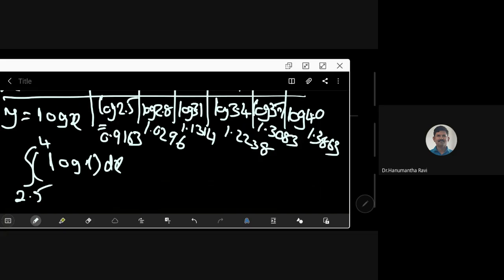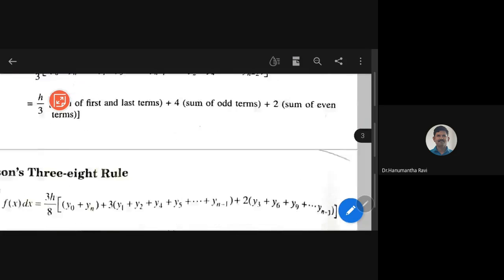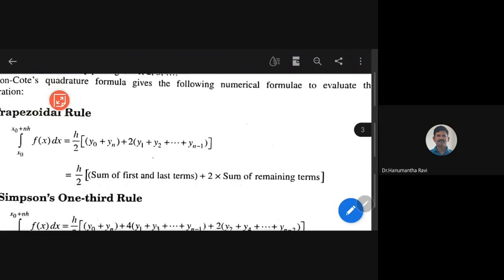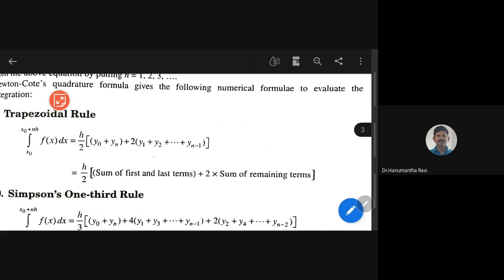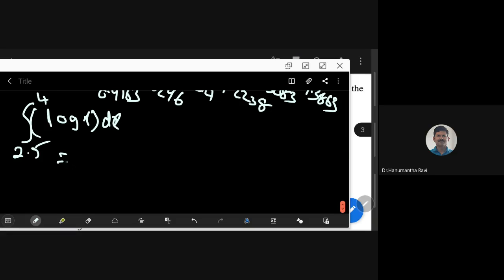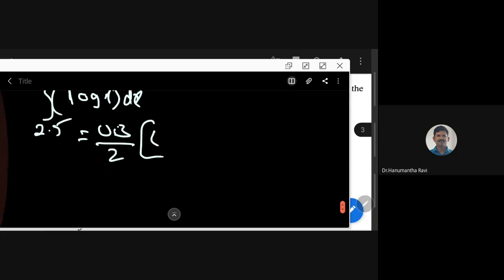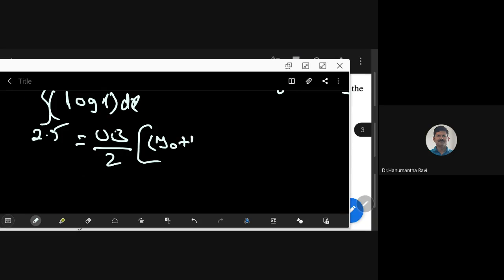Now what does the trapezoidal rule say? By the trapezoidal rule we have h by 2 times the sum of the first and last terms plus 2 times the remaining terms. Here h is 0.3, so 0.3 by 2 into y0 plus y5, plus 2 into y1 plus y2 plus y3 plus y4.